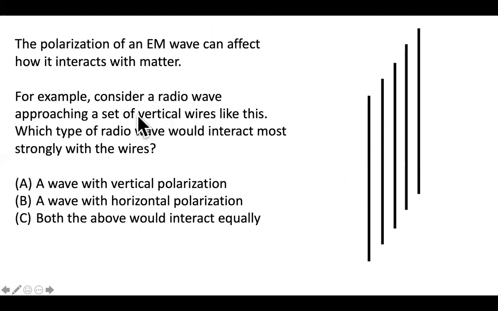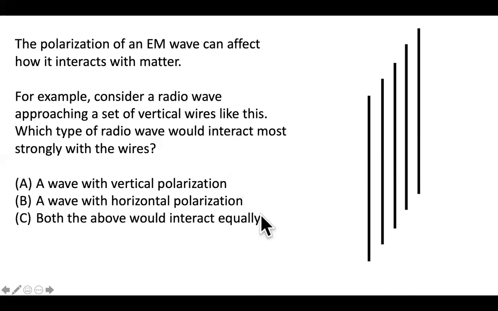We're going to say it's got the same frequency, the same amplitude, but it has different polarization states. One wave has vertical polarization, one wave has horizontal polarization. Which one's going to interact more with these wires?